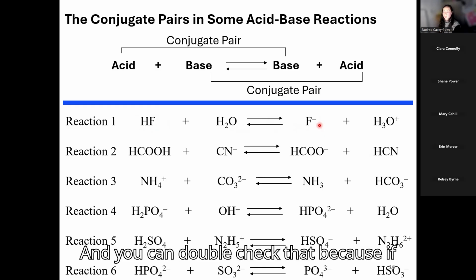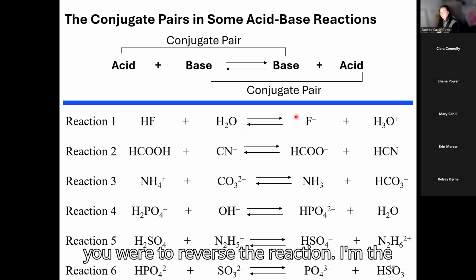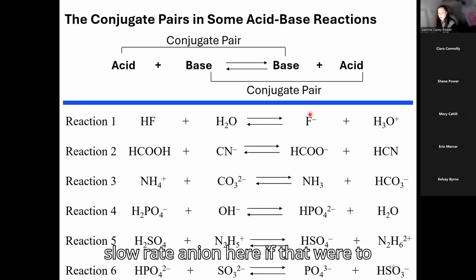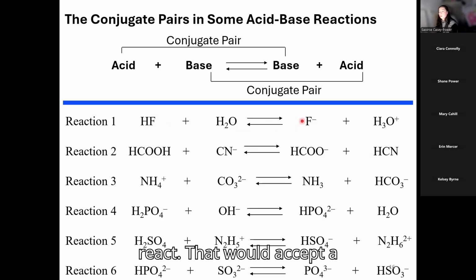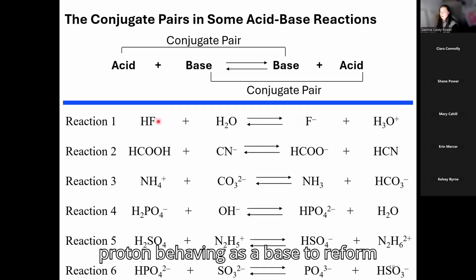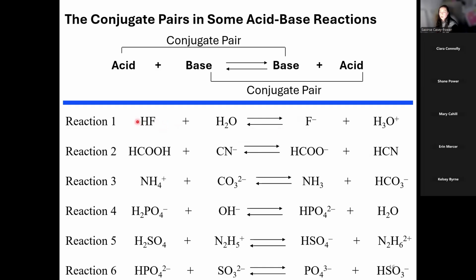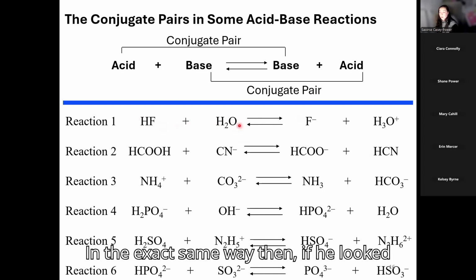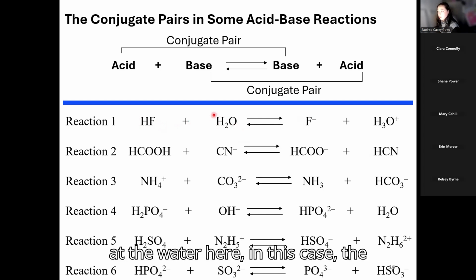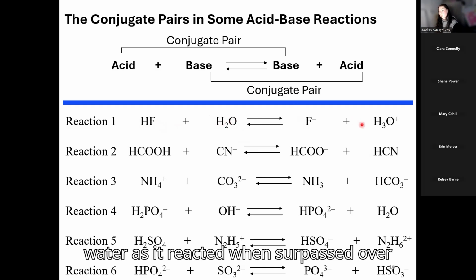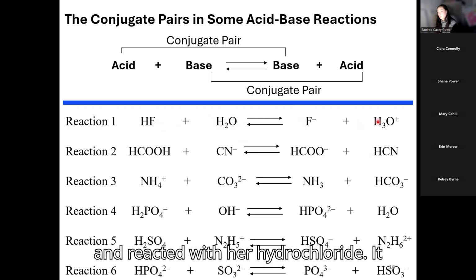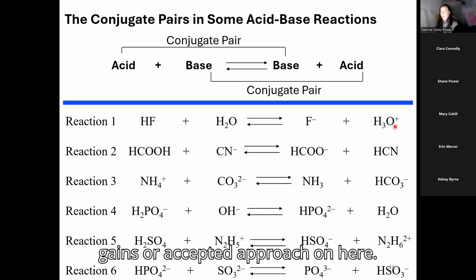And you can double check that because if you were to reverse the reaction, the fluoride anion here would accept a proton, behaving as a base to reform that acid. In the exact same way, if you look at the water, once it reacted with our hydrogen fluoride, it gained or accepted a proton.